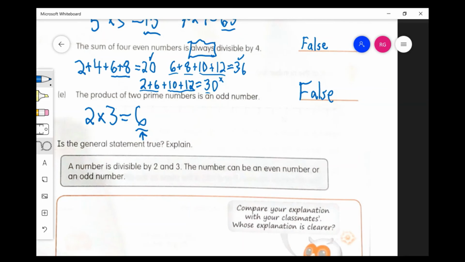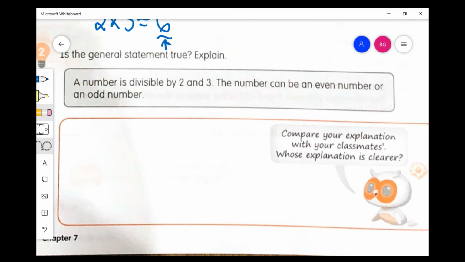And then for the next one, it says a number is divisible by 2 and 3. The number can be an even number or an odd number, and we have to explain if this statement is true. And, well, I think the key number here is 2, and any number that is divisible by 2 must be even.